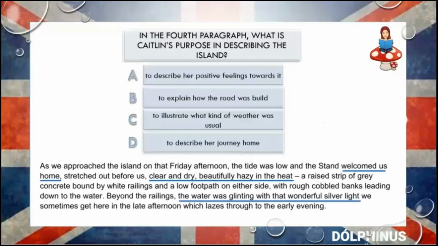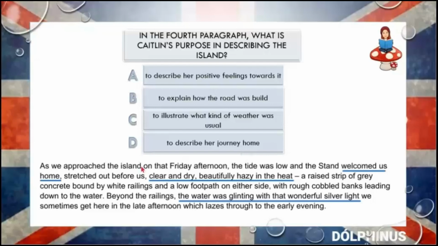Let's begin with D. To describe her journey home. For me, a journey home is from one place to another. And in the beginning of the text, it says, as we approach the island. So the journey has already been done. It's the end of the journey that she's talking about.